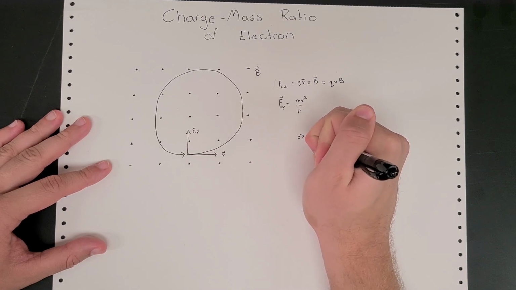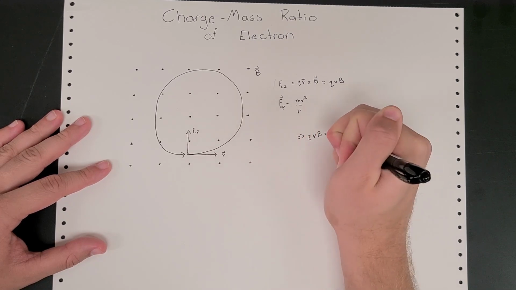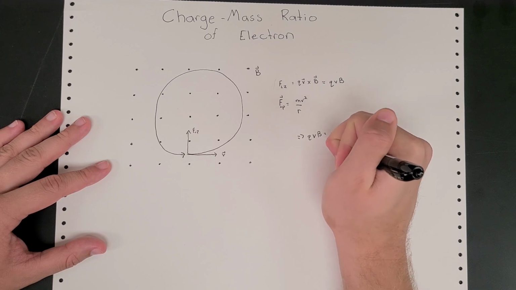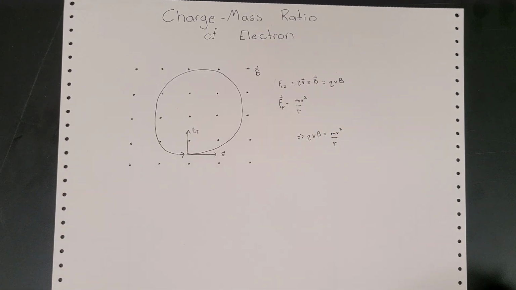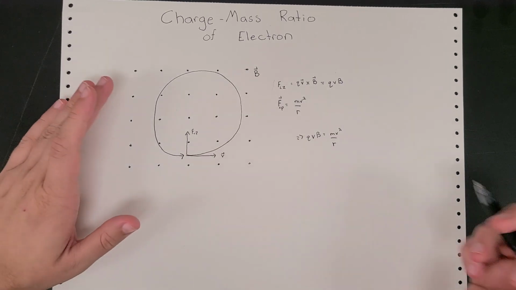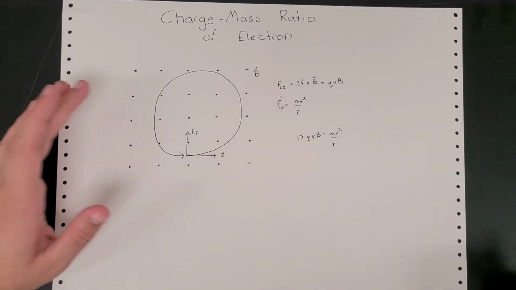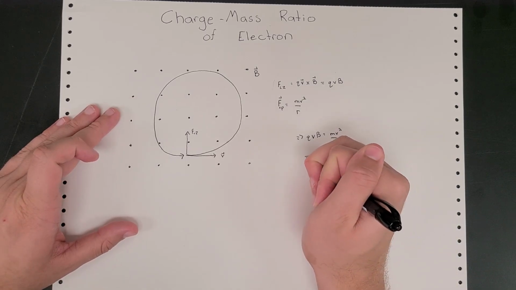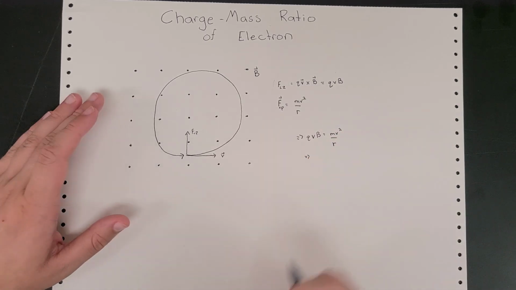So we have QVB is equal to mv squared over r. I told you what we want to figure out in this lab is the charge to mass ratio, so we want Q over M. Let's rearrange this until we get there. You can do the algebra yourself.